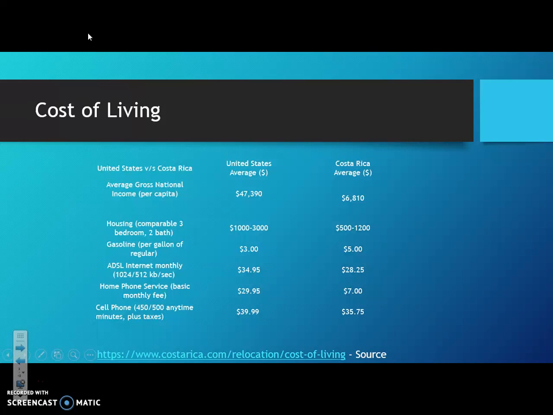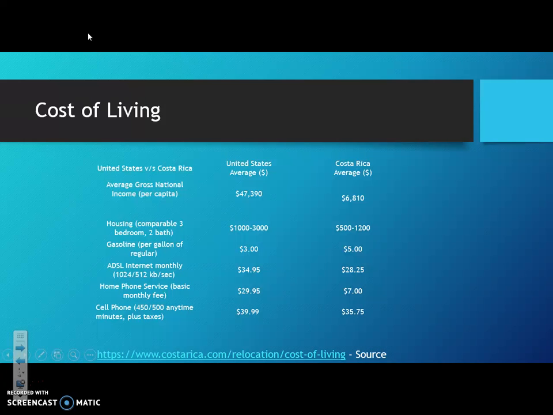In Costa Rica it's only $6,800. Now, in the United States, if you were going to have a 3-bedroom, 2-bath house, it would cost you between $1,000 and $3,000 a month. In Costa Rica, you could have about the same house, but it would only cost you $500 to $1,200 a month. So you can see that that is cheaper.